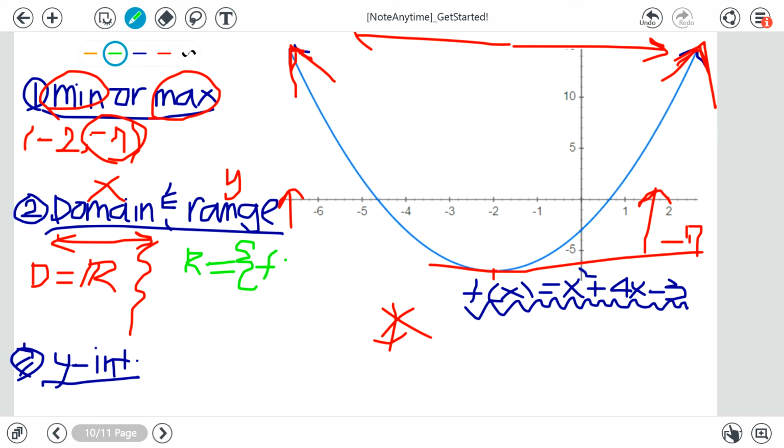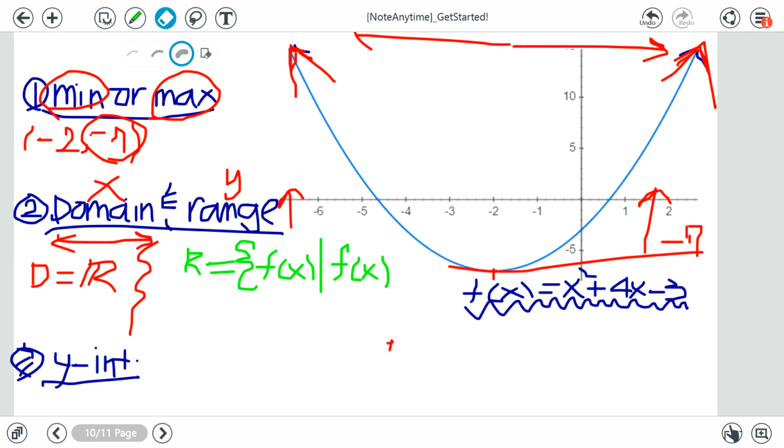They're going to say f of x, or your function, is such that your graph has to be greater than or equal to that -7, because it started at -7 and it went up.